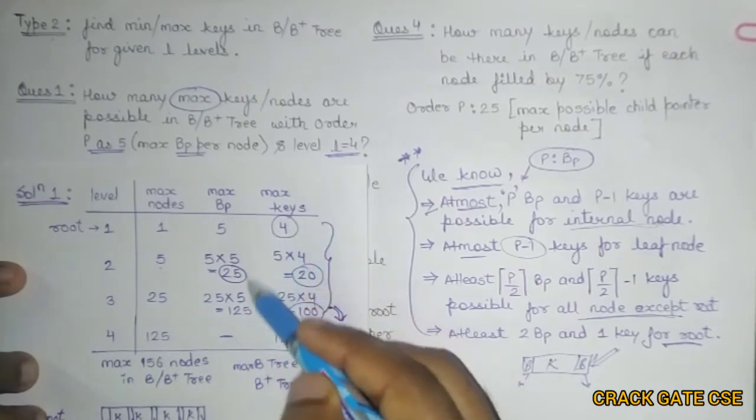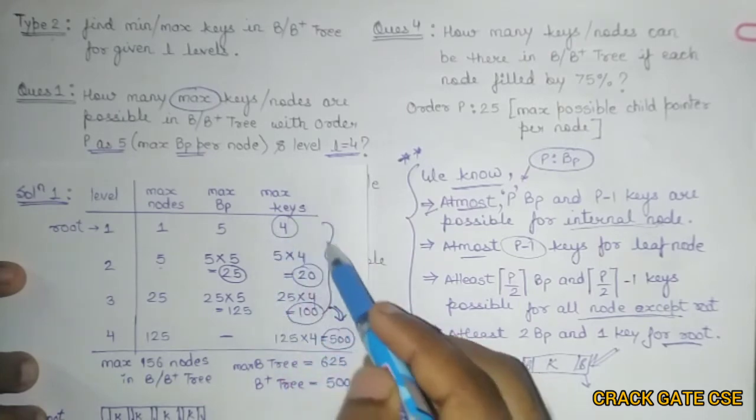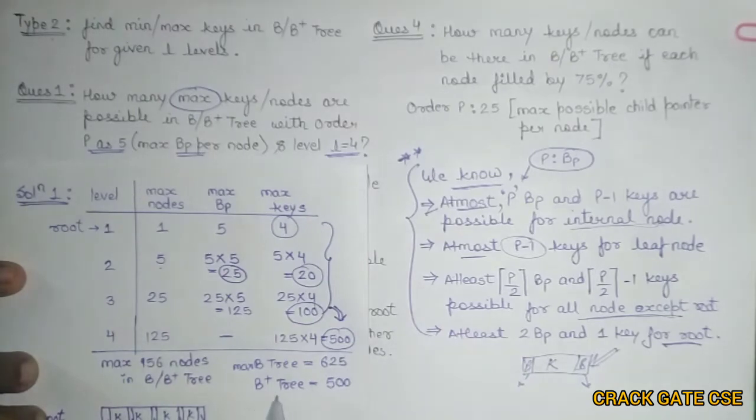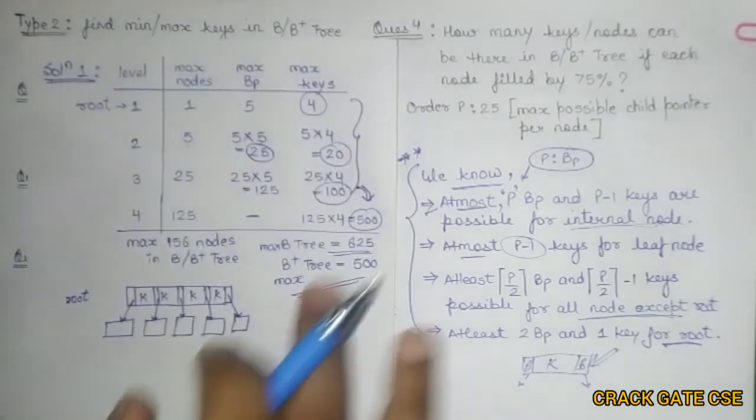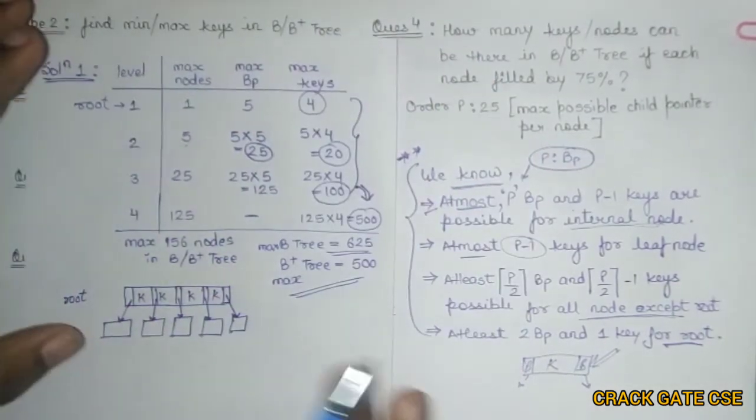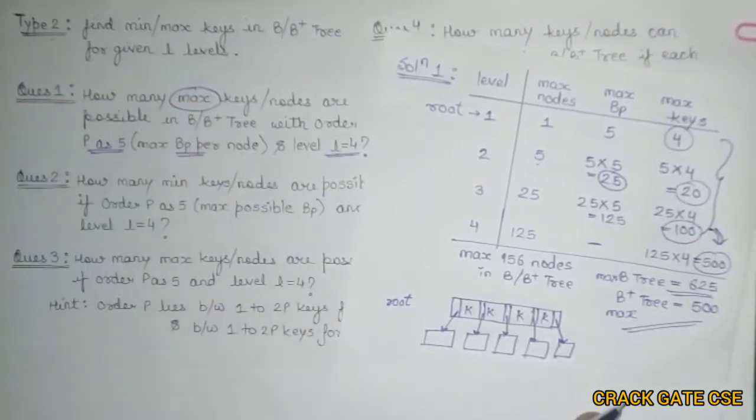So we can say that these are the duplicated keys in B plus tree. So for B plus tree this is 500 and for B tree this is 625, right? So this is how you can calculate if they are asking for the maximum keys.